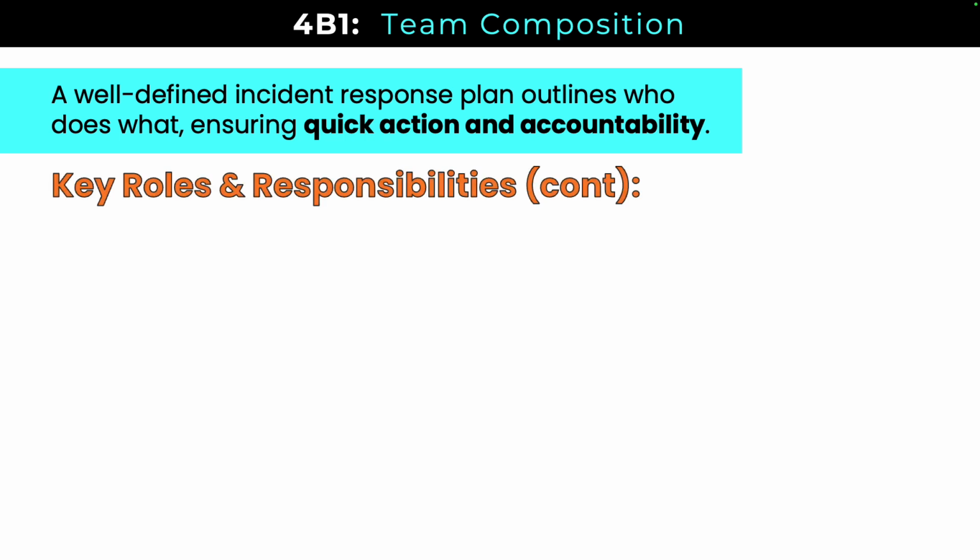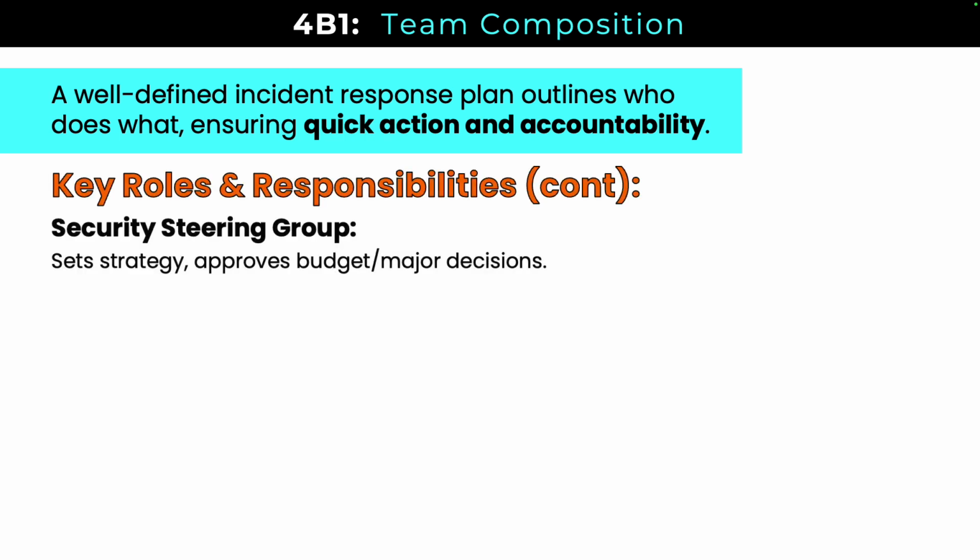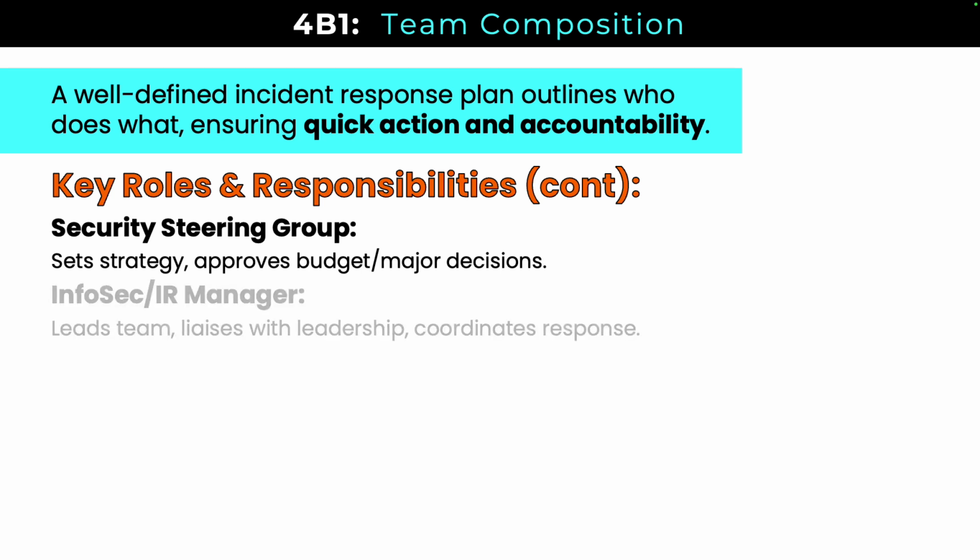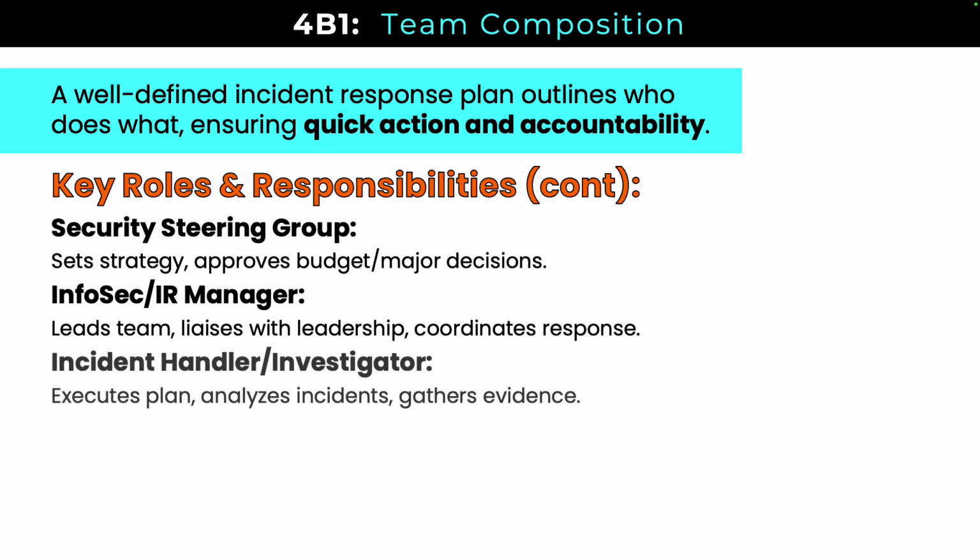So key roles and responsibilities would include that security steering group that sets strategy, approves budget and major decisions. The information security or incident response manager, whether separate roles or that unified role, will lead the team, will be that liaison with leadership and coordinating response across the team. The incident handler or investigator is the one who executes the plan, analyzes incidents, gathers evidence.